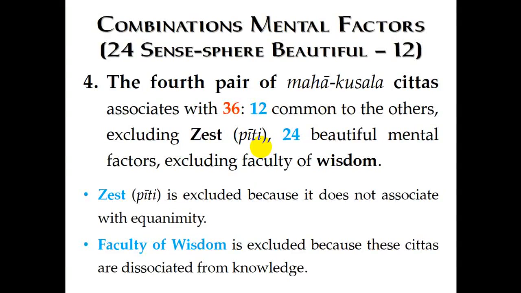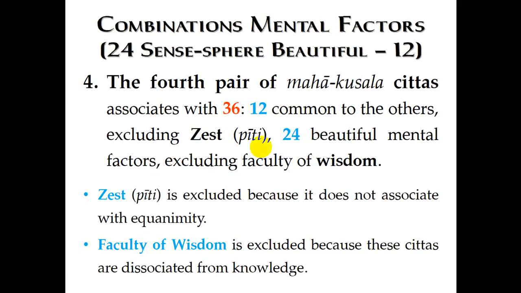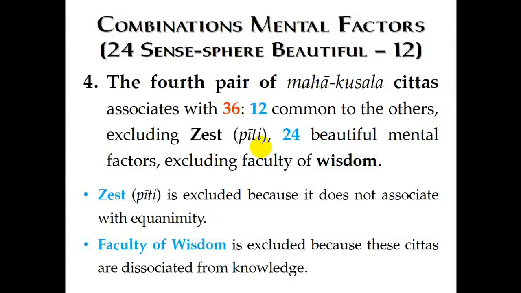Actually here, I have given my note, but when we talk about resultant, sense-sphere beautiful resultant Cheta, we call it Vipaka, right? And you add Mahavipaka. Actually, Mahavipaka takes a sense-sphere object.